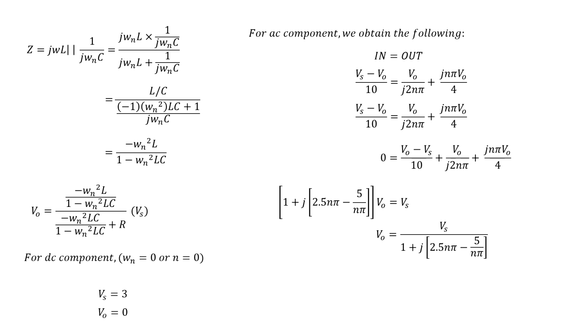Once you solve it, you get Vo equal to Vs over 1 plus j(2.5 n pi minus 5 over n pi). Now from this voltage output, you can solve for the amplitude and phase formula.